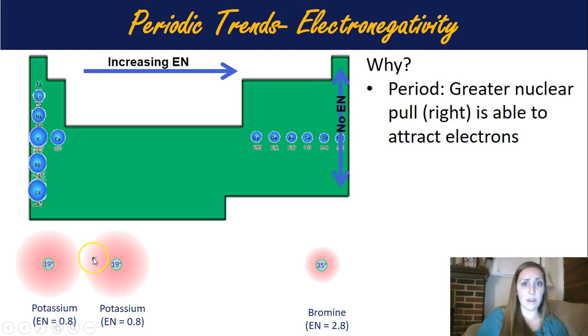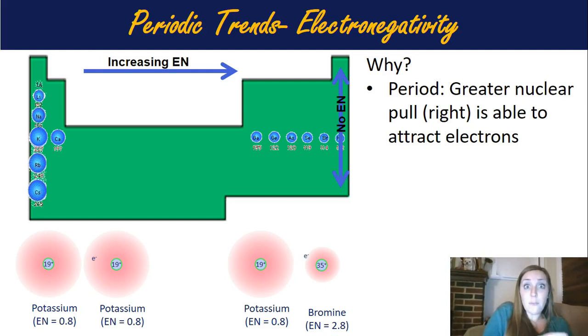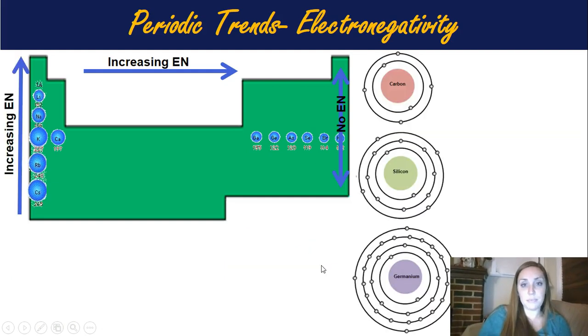But if there's a potassium atom next to bromine, bromine is a lot more electronegative, meaning it's able to pull electrons away. If you look at this nuclear pull, it's got a positive 35 right there and very little shielding. So that electron comes right off potassium because there's a stronger pull on bromine.